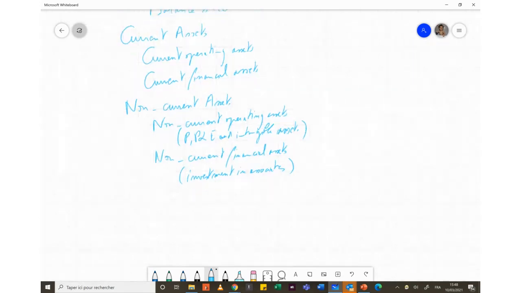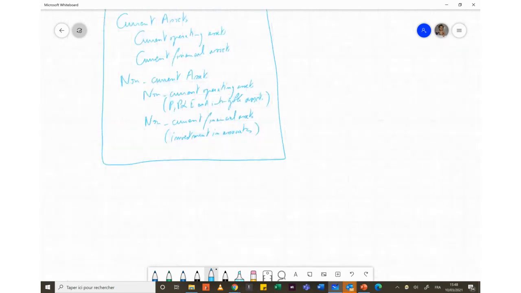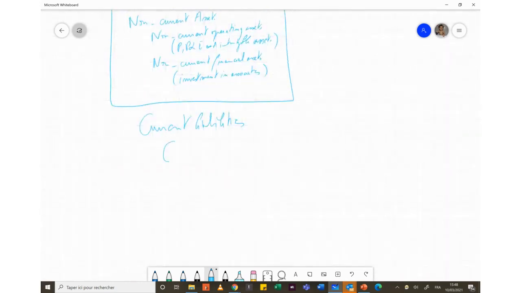After all these assets, you have the equity and liabilities, or liabilities and equity. So you have the current liabilities. In the current liabilities, you have the current operating liabilities and the current financial liabilities.